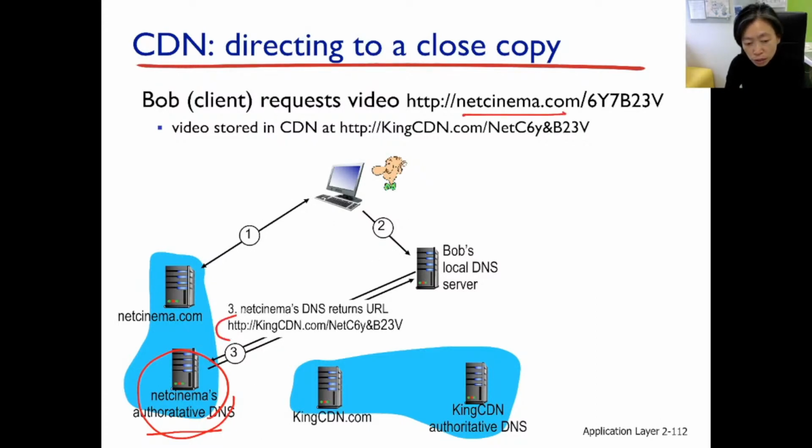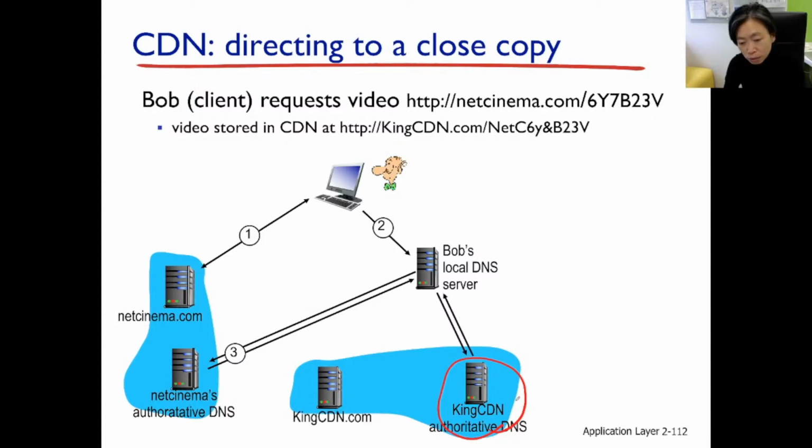But what's really curious here is the authoritative DNS server of netcinema.com, instead of returning an IP address, returns the redirected path. Okay. At this point, Bob's local DNS then resolves this new name instead. Check the cache, check with the TLD server, and eventually reach the King CDN's authoritative DNS server.